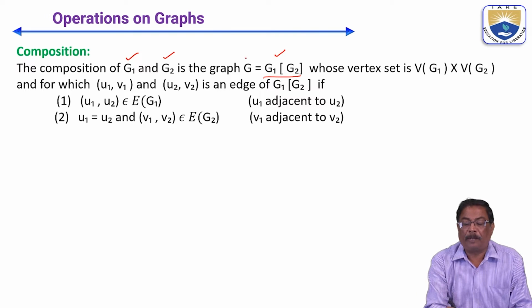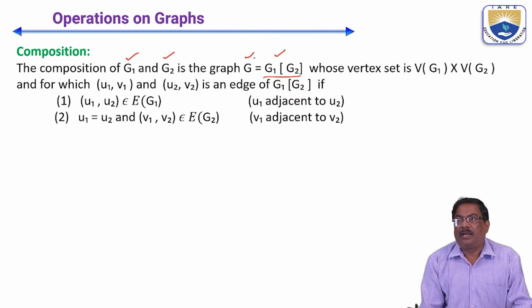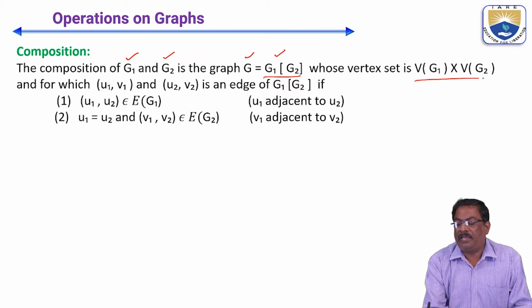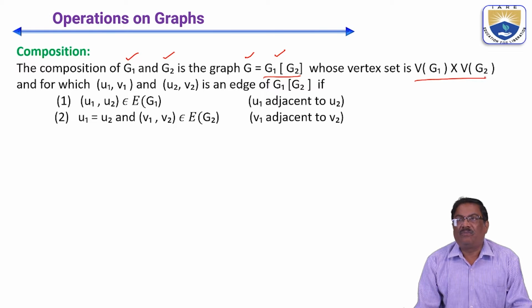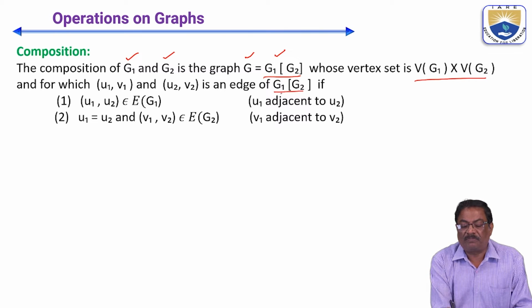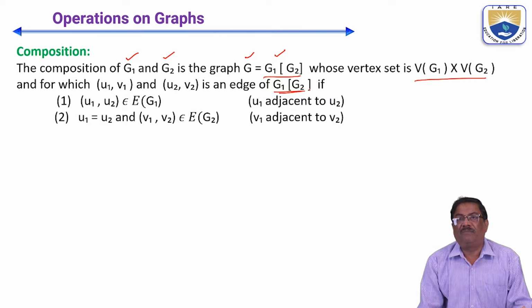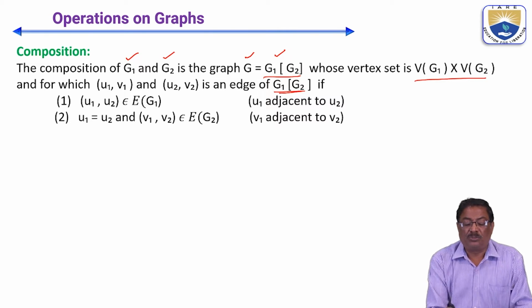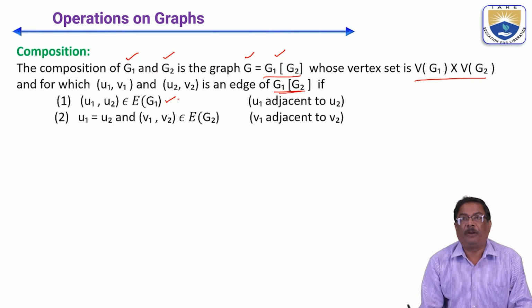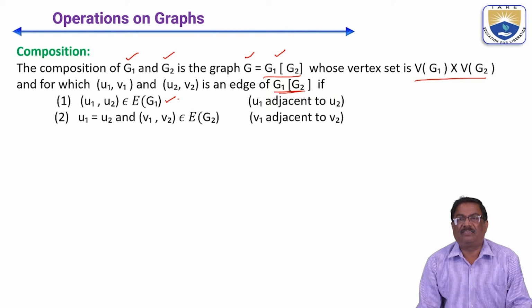So we are going to get a graph G whose vertex set is V of G1 cross V of G2, and for which (U1, V1) and (U2, V2) are edges of this, if the following conditions are satisfied. Whenever (U1, U2) belongs to edges of graph G1, that is U1 is adjacent to U2.